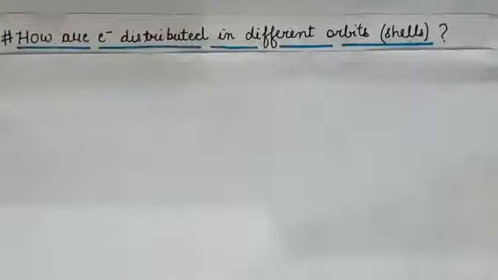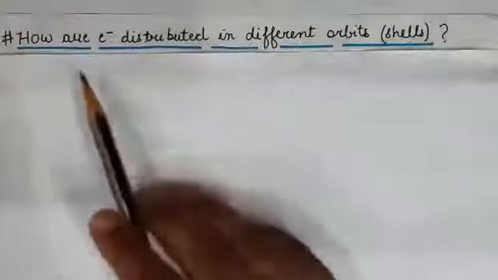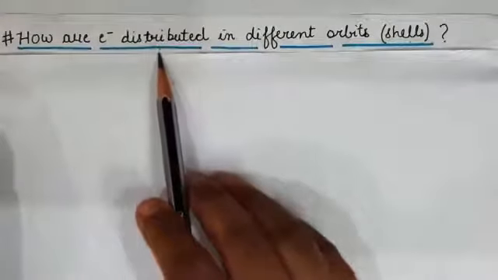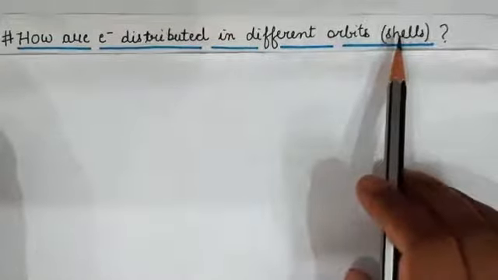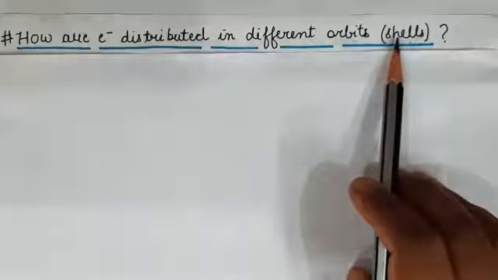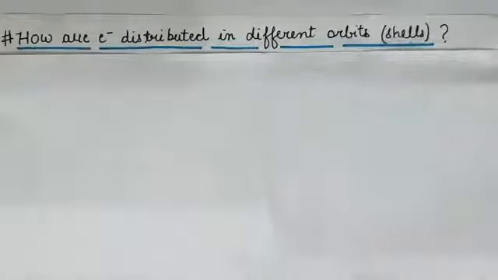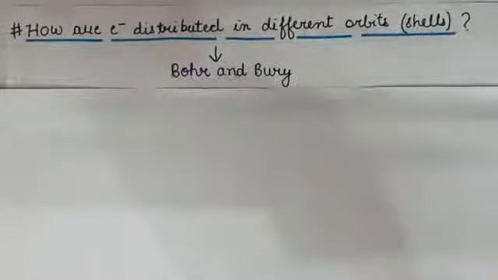Now, moving ahead to our next topic, that is, how are electrons distributed in the different orbits or shells? We will study the distribution of the electrons in the various shells, orbits or energy levels.